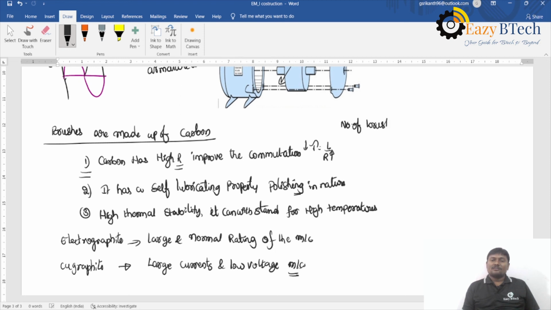The number of brushes is equal to the number of poles in lap winding, and the number of brushes is equal to 2 in wave winding.